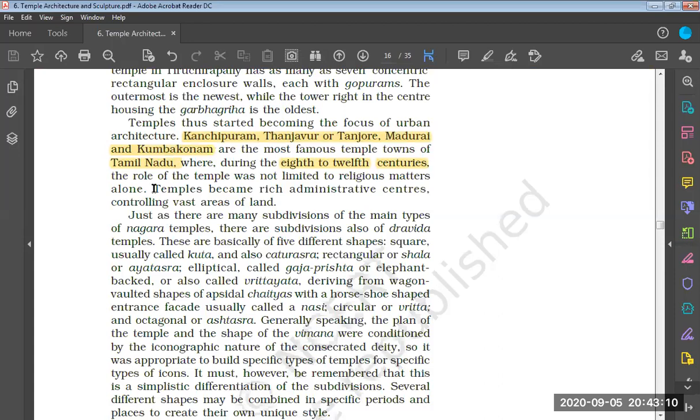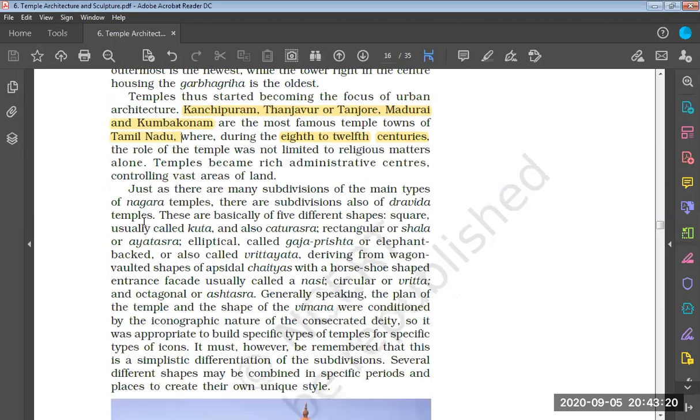Just as there are many subdivisions of the main type of Nagara style, there are subdivisions also of the Dravida style temple. These are basically of 5 different shapes.